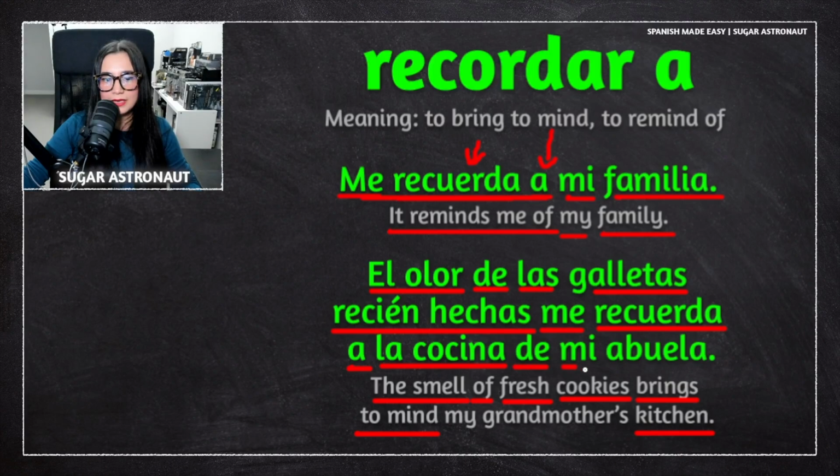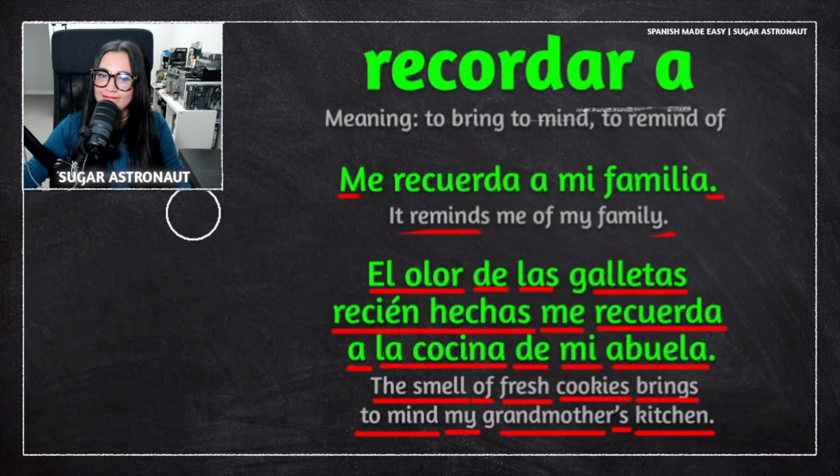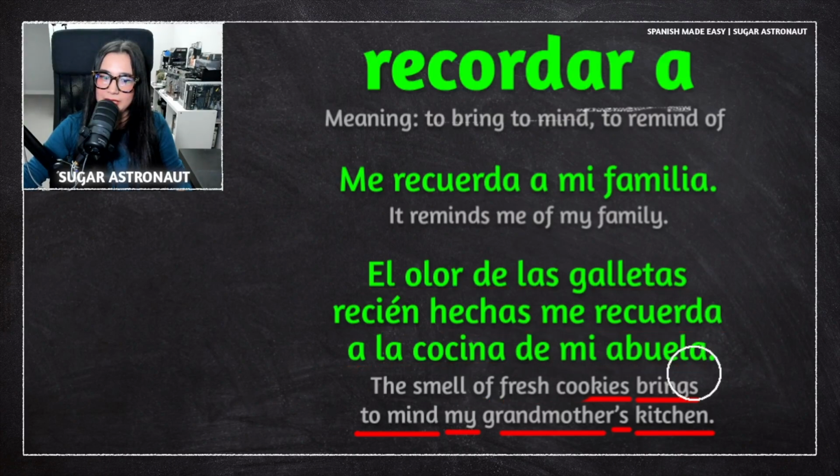De is similar to saying apostrophe S. It can also mean of or from, but when talking about grandmother's kitchen, the kitchen belongs to the grandmother, so then it's similar to saying the apostrophe S. Abuela, mi abuela, my grandmother. So, that smell must be good.